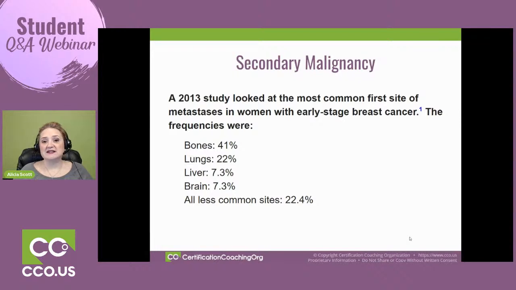And that's another thing that you'll be looking at when you are coding out in the field. Whenever you have a person that has had breast cancer, the providers are going to be very sensitive to pain, joint pain. Is it arthritis, or have we got a problem with a recurrence of breast cancer?